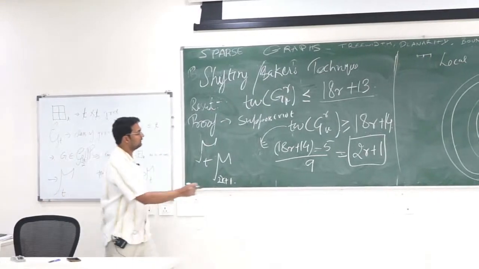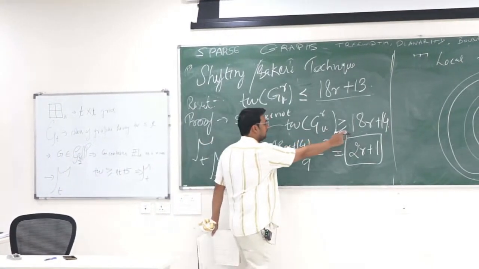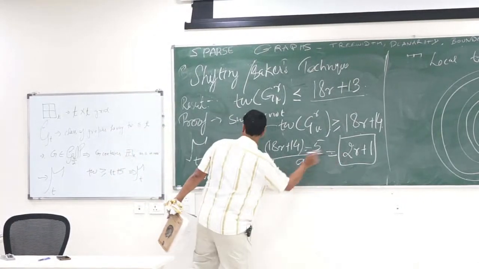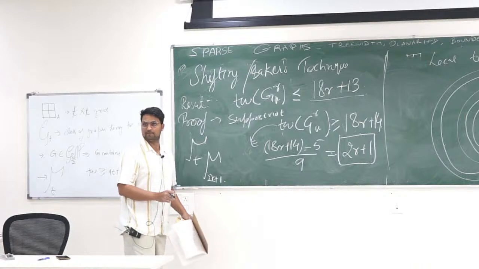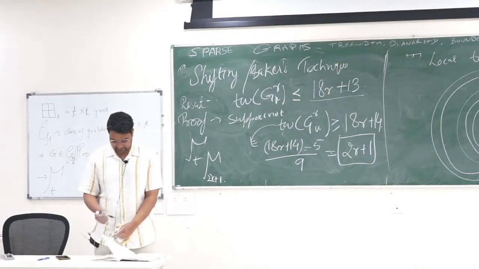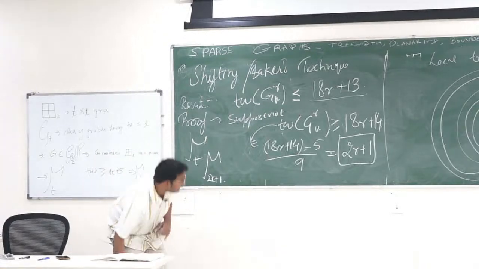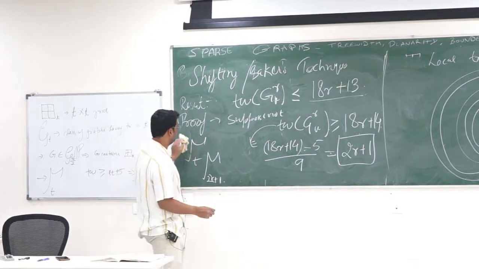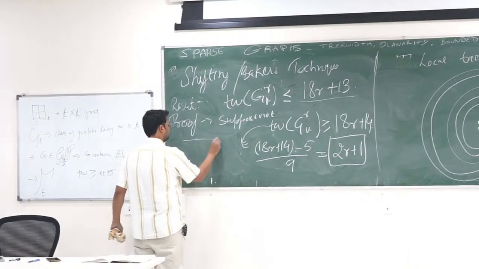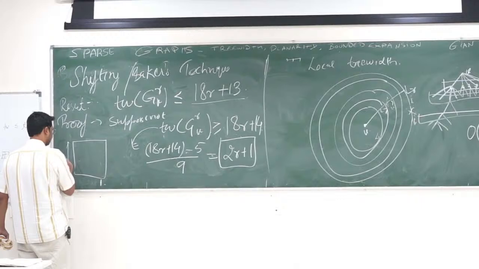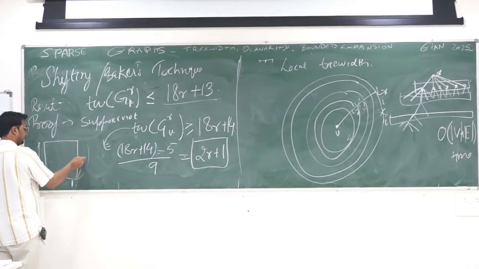So if my treewidth is at least this, my graph will contain this as a contraction. And if I have this as a contraction, let's say that you have a grid. This is 2r. This is not a grid, but this is connected to everything.